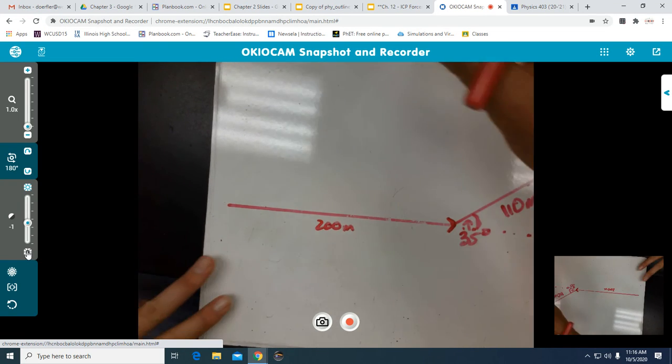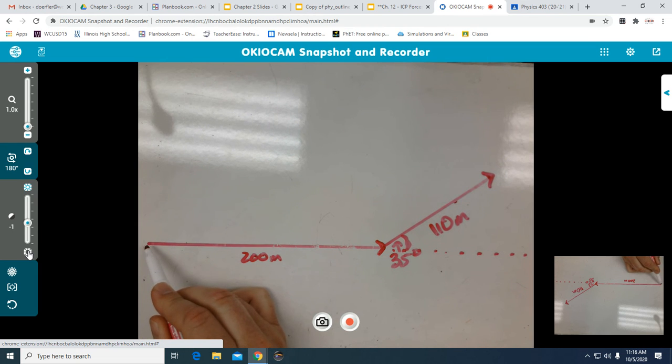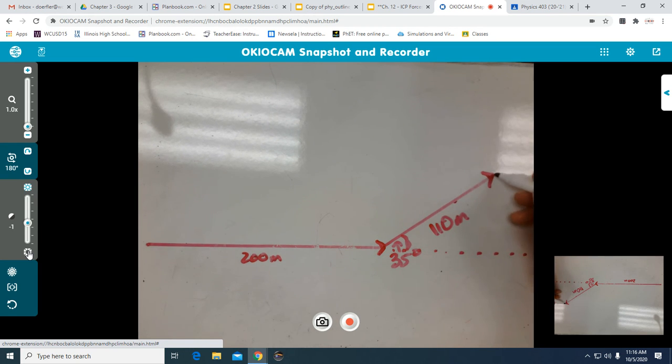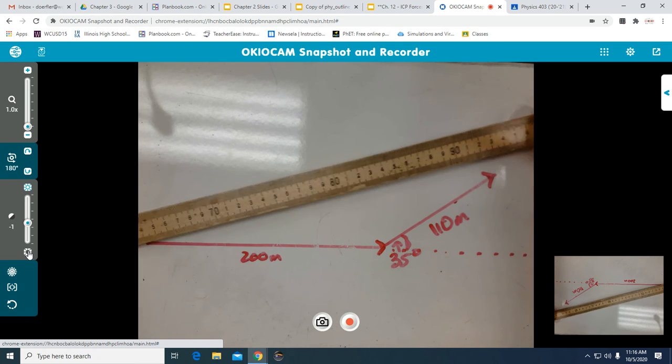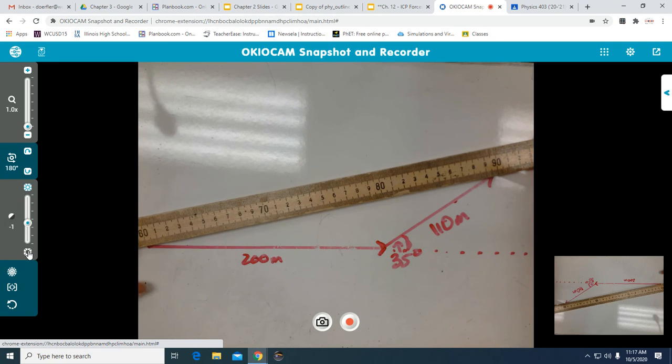So now, if I can get this situated correctly, I'm going to go from the point at which the plane started to the very end of the second vector, which is what we're concentrating on. And I measure, again, using the same scale. I started at 60 here, and it ends at 90.